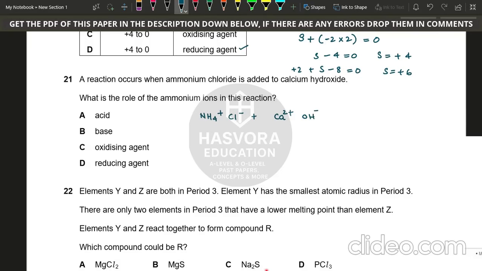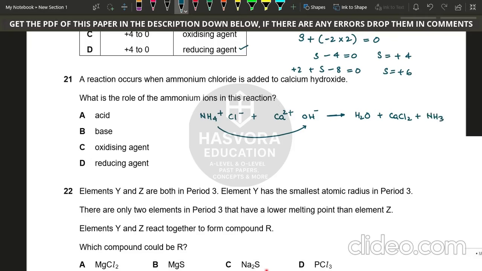So what actually happens is that the NH4, the ammonium ions, have one more proton, or you can say one more hydrogen atom. So it donates it to this OH, and it forms H2O, and then the Cl will combine with the calcium 2 plus, so it becomes CaCl2, and then we have NH3 liberated, because one of the protons is donated.